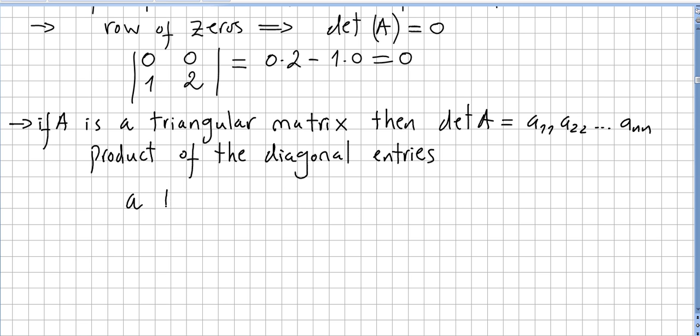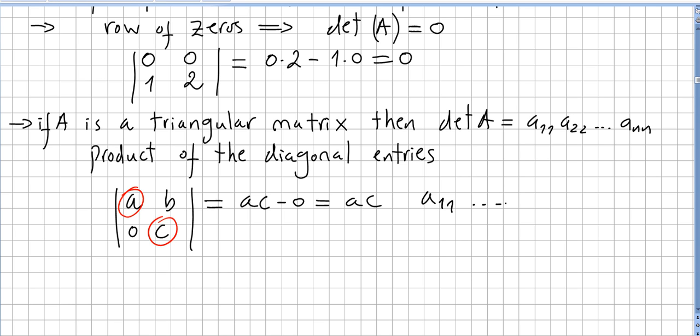So if we have a, b, 0, c, the determinant will be ac minus 0, so that will be ac. It's the product of those two. If it is lower triangular, the result will be the same, and the result will be the same for any dimension.